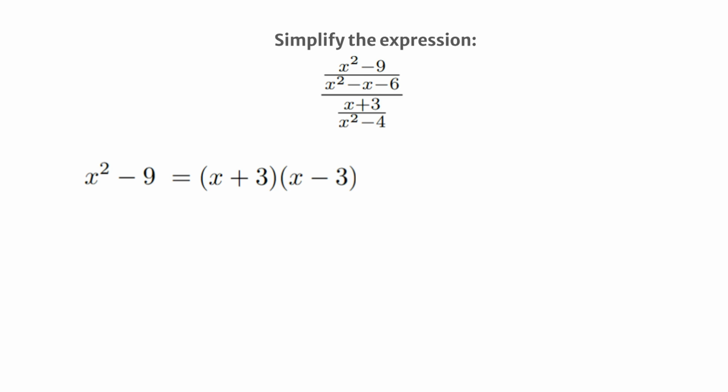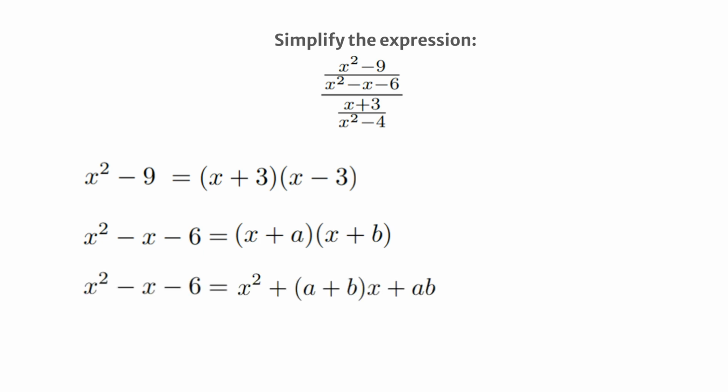You'll find the thumbnail linked at the end of this lesson. Now, let's factor the next one, x squared minus x minus 6. We'll assume it can be written in some factorable form, x plus a times x plus b, for some numbers a and b. When we expand it, we can see that the sum a plus b is the coefficient of x, and the product a times b represents the constant term.